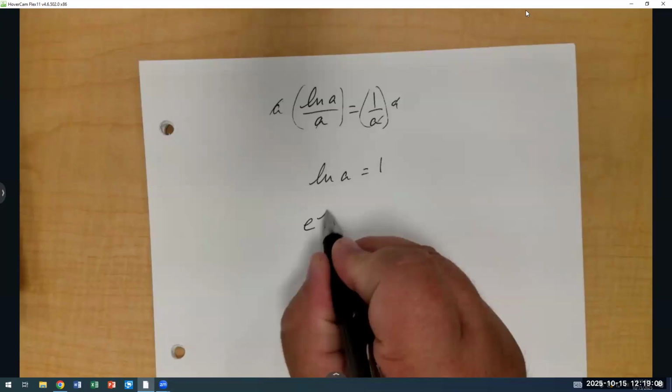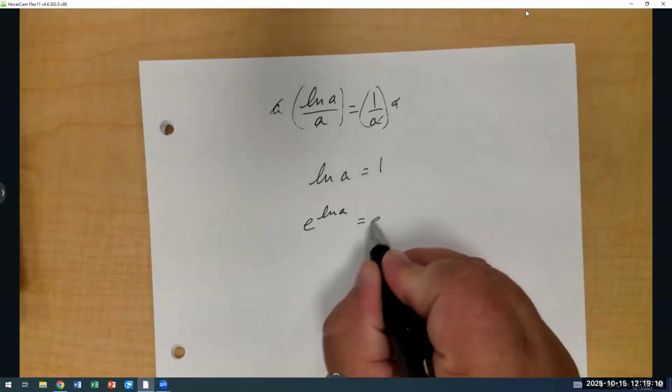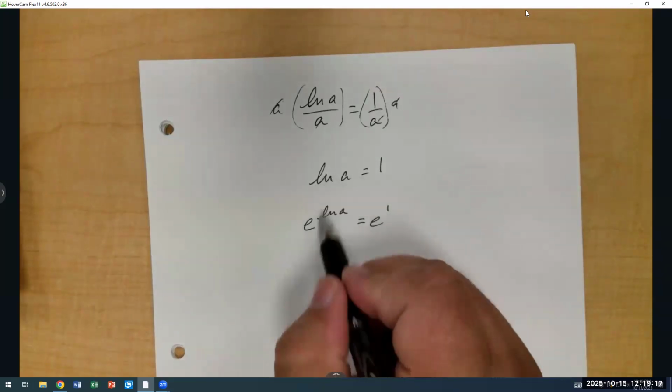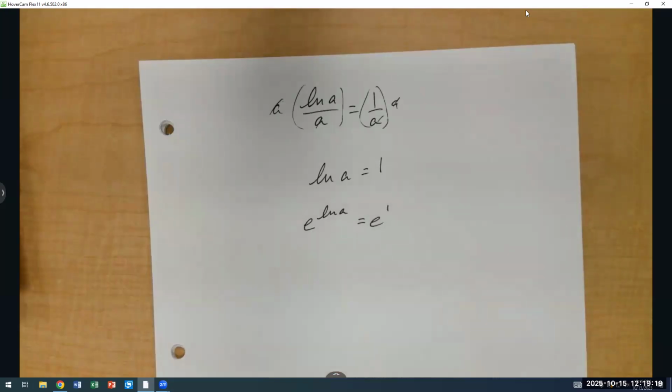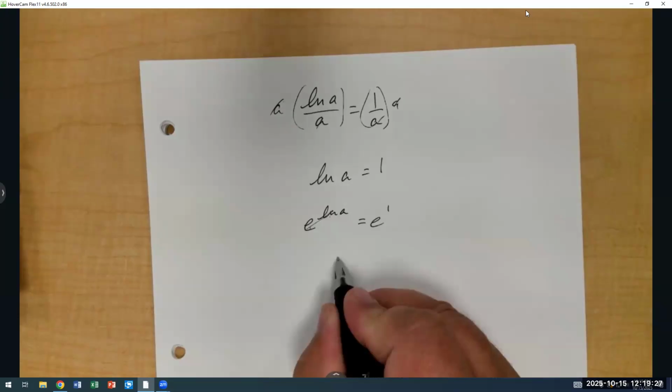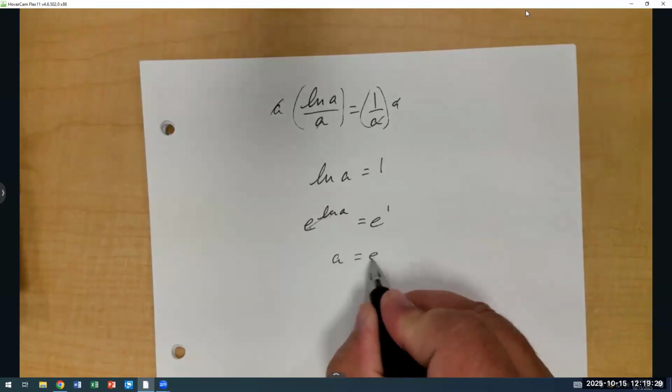So e to the ln a is equal to e to the 1. You get rid of an ln by e, or you get rid of a log by taking the base to both sides. So ln and e cancel, so we just have a is equal to e.